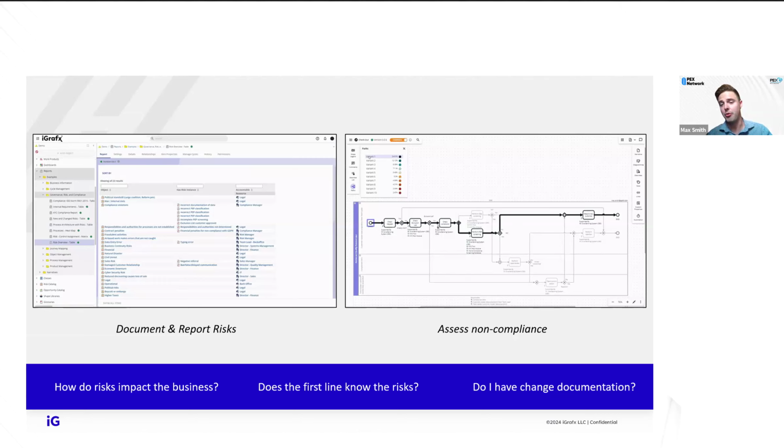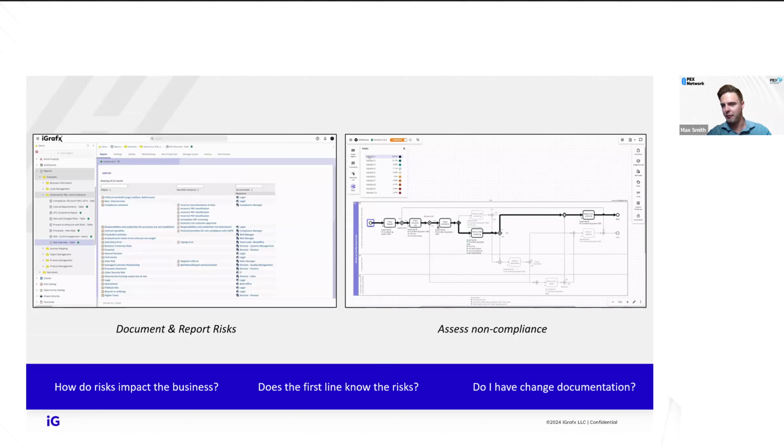But in particular, like the risk and control catalogs that exist in those systems, we've seen people bring that information into the process intelligence tools to, again, help contextualize those risks and controls with how the business is already looking at their processes. And so in bringing that in, you can document what the program looks like, but you can also show from a process specific lens where those risks and gaps exist.